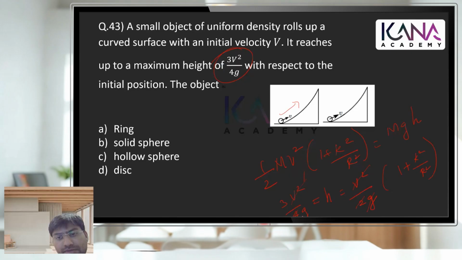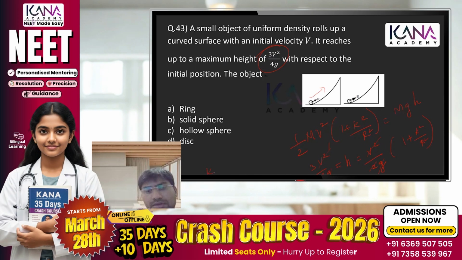This becomes 2. So simply k square by r square will be 1 by 2. So if k square by r square has this value 1 by 2, it is the disk.